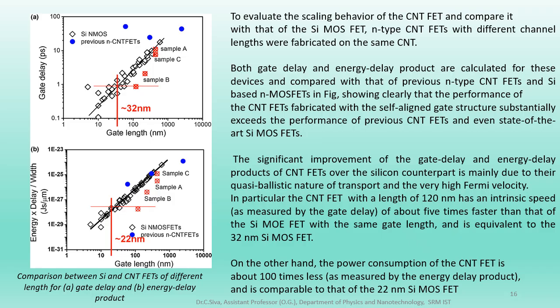CNT devices show much better scaling trends. A 120 nanometer CNT FET is 5 times faster than the silicon MOSFET of the same length and consumes only about 1/100th of the energy. This is due to the ballistic electron transport nature and high Fermi velocity available in carbon nanotubes.